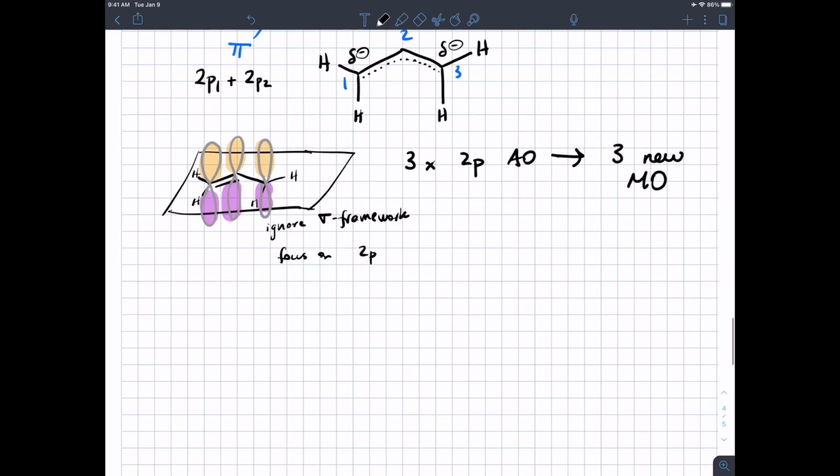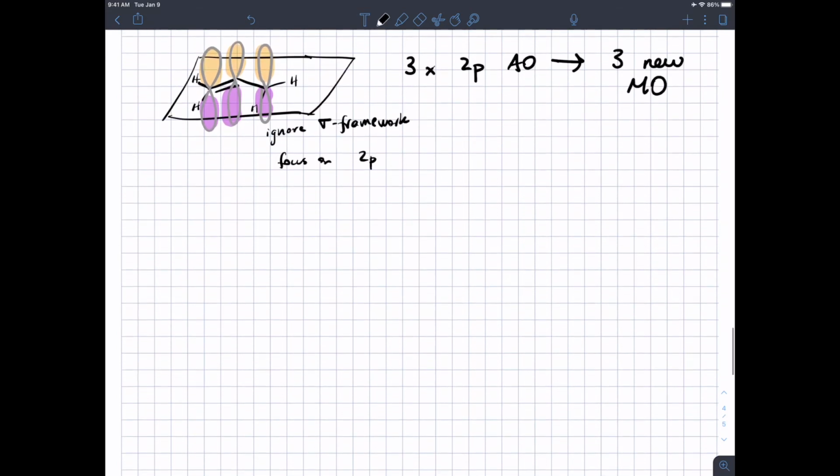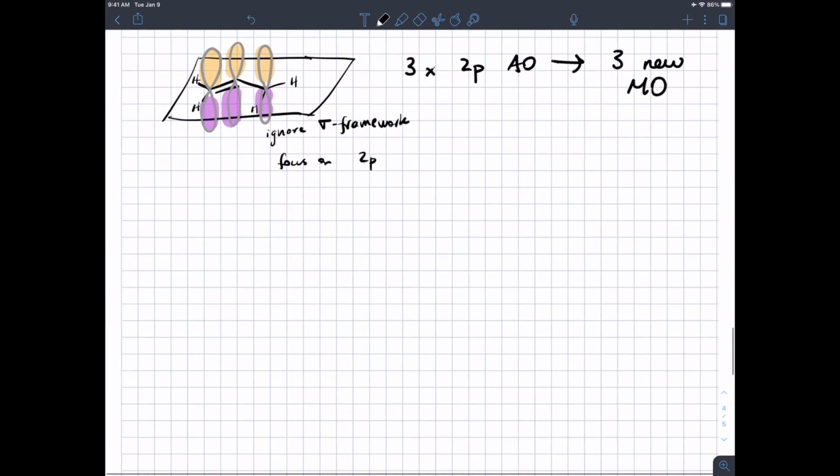All right, so how do I mix 3 p orbitals together? We're going to do this by addition and subtraction like we did before for hydrogen, but we're going to do it one step at a time. So here are atoms 1, 2, and 3.